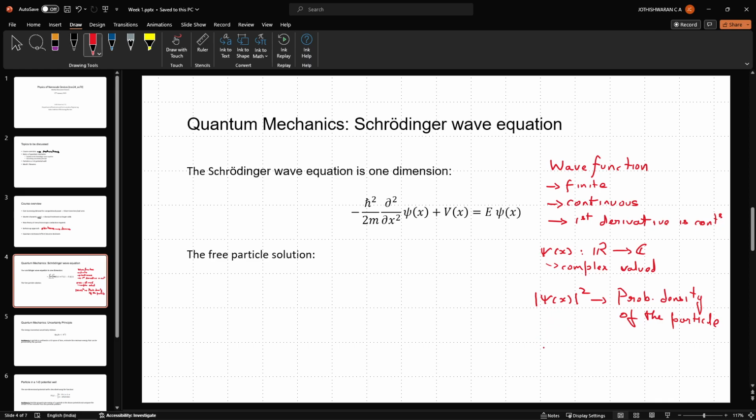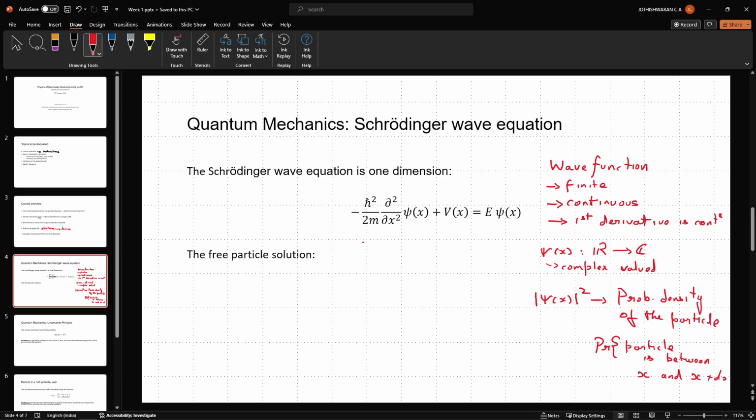Mod squared psi of x gives me the probability that the particle is found between x and x plus dx.